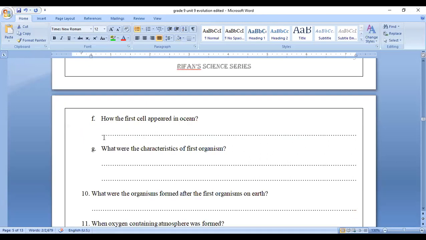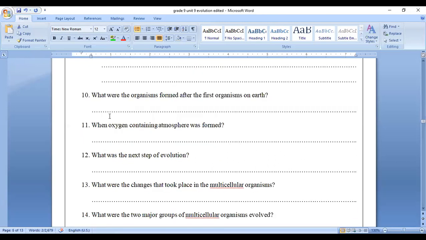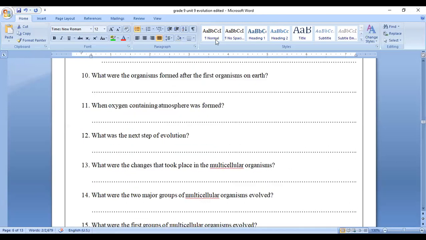That means multicellular organisms are appearing from what? Unicellular organisms. Origin of multicellular organisms from unicellular organisms is a major step in the evolution.